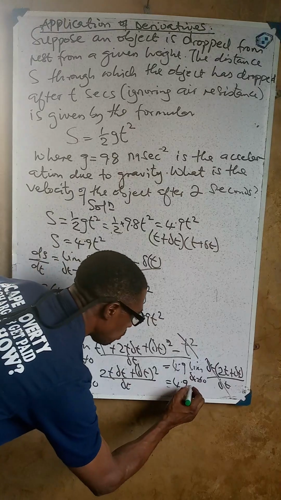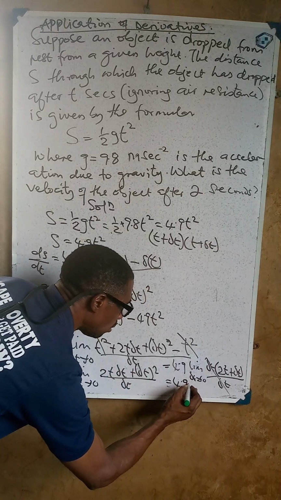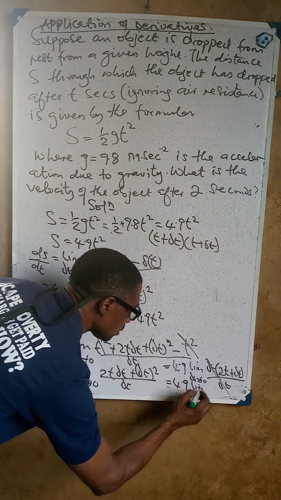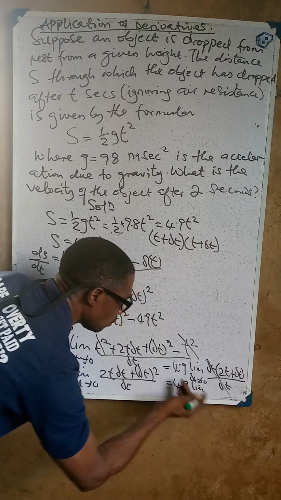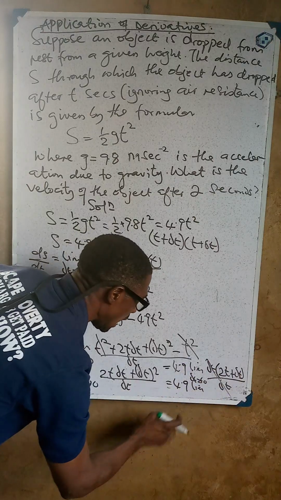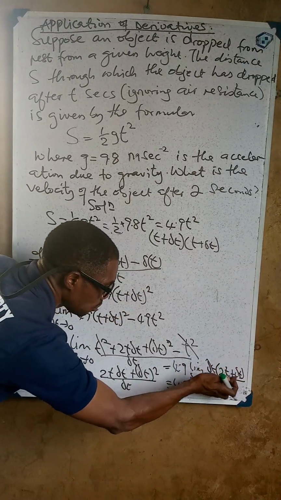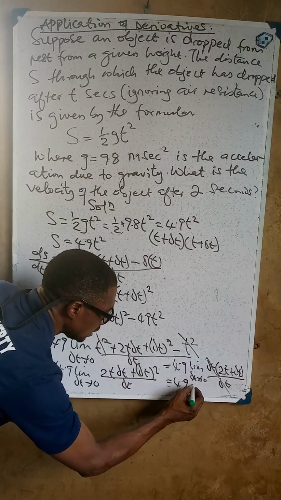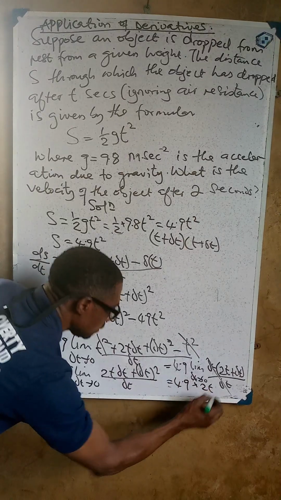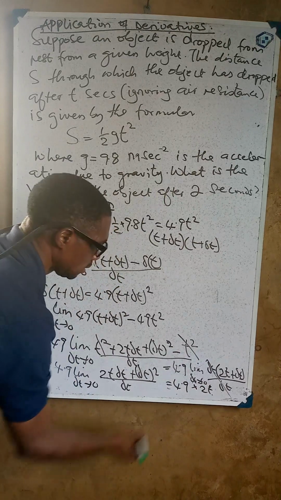So I have 4.9 limit as Δt tends to 0. This becomes 0, so I have this as 2t.